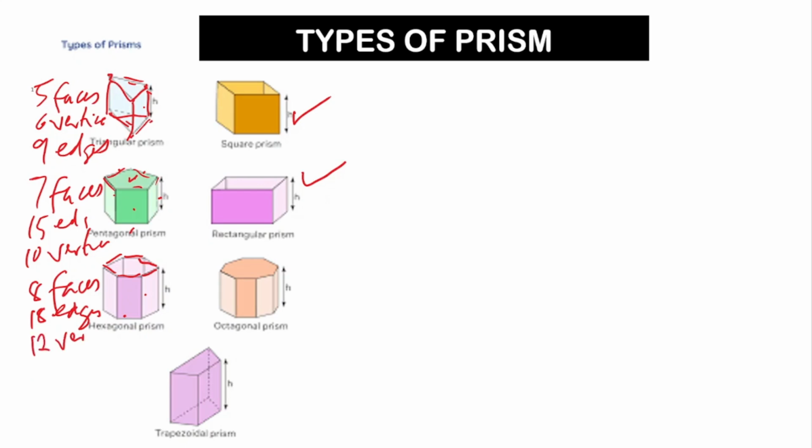So octagonal will be how many faces? One, two. Then that is going to be 10 faces. How many edges? This is going to be 8 at the top, 8 below, that's 16.